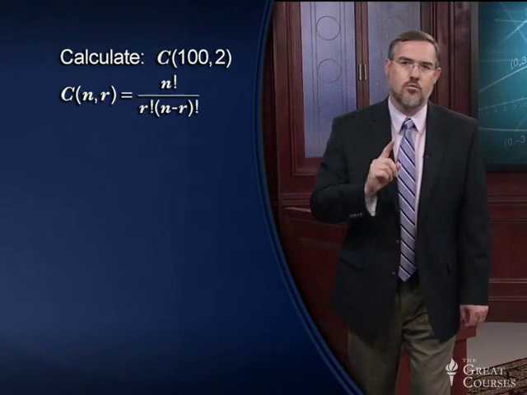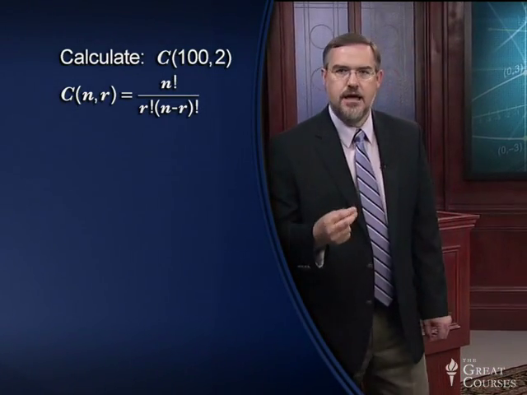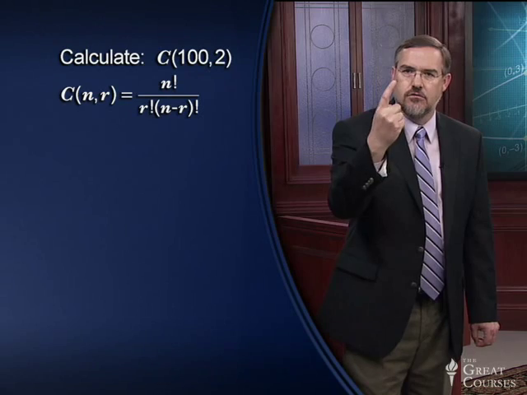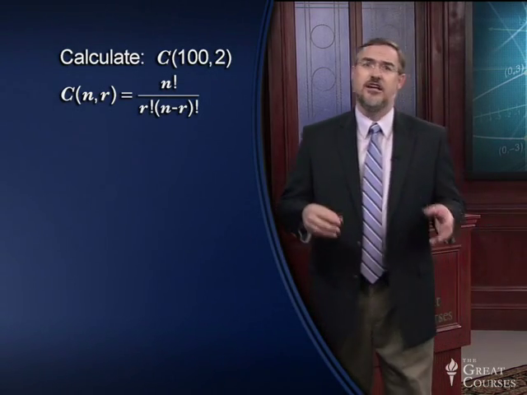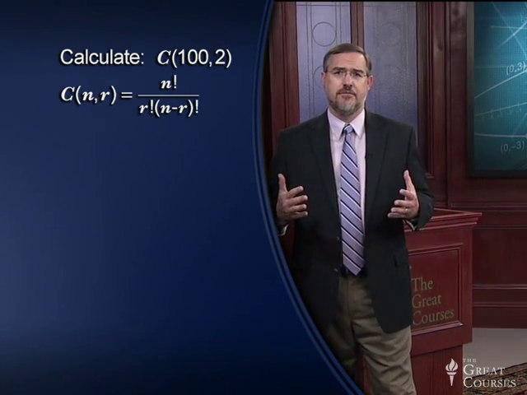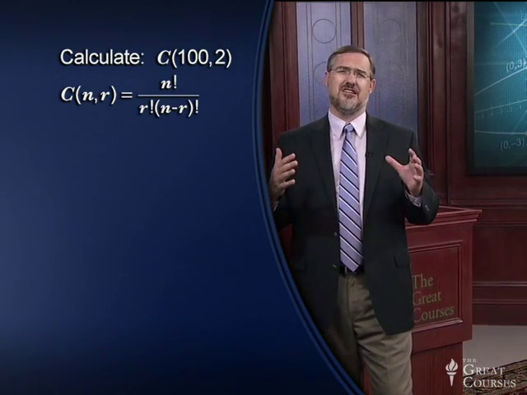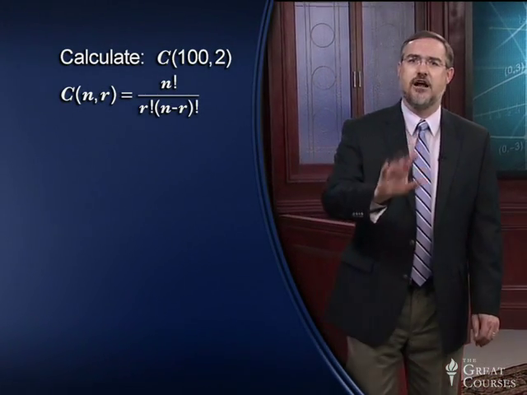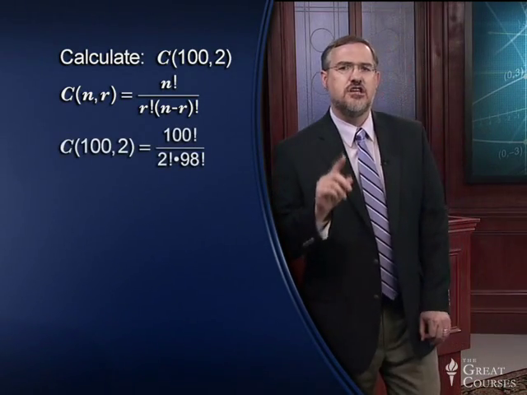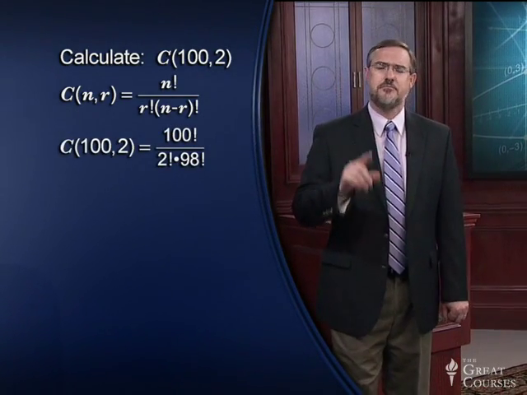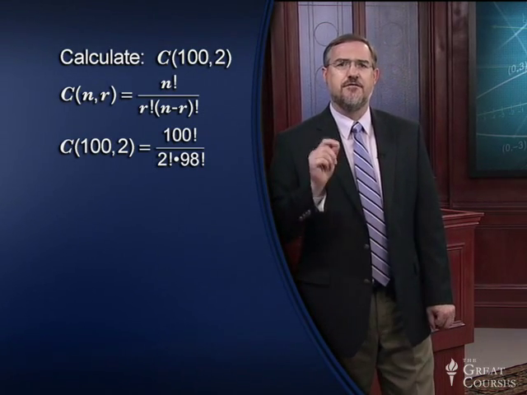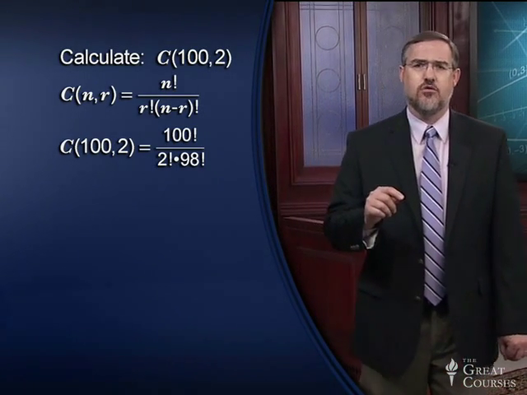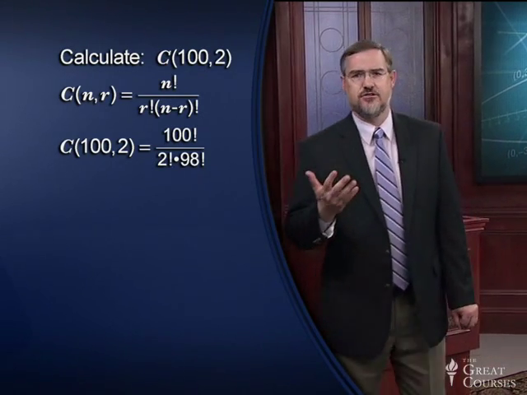And it's a lot more work than we really want to go through if I just want one value, C of 100 comma 2. So this formula is really, really helpful. Now you might be thinking, oh, but that's going to be a lot of work. It's really not. Let me walk you through it. C of 100 comma 2 is equal to 100 factorial divided by 2 factorial times 98 factorial.